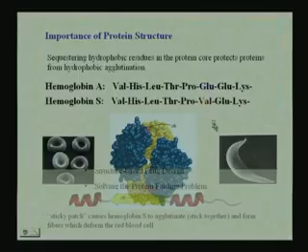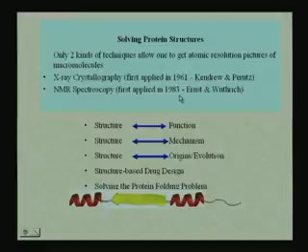But for now we are going to understand more of how we can actually get to solving protein structures, because now we know that we have this amino acid sequence, we know that we can get a secondary structure out of it, from that we can get a tertiary structure, finally a quaternary structure. Fine.